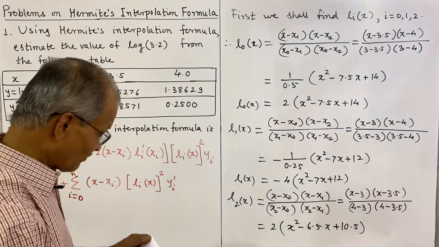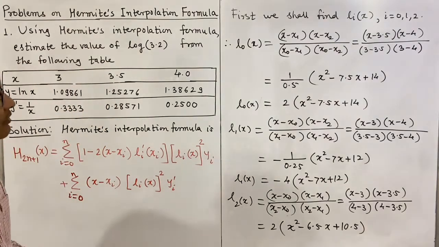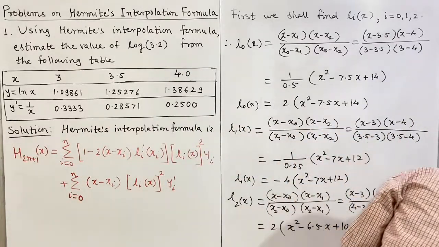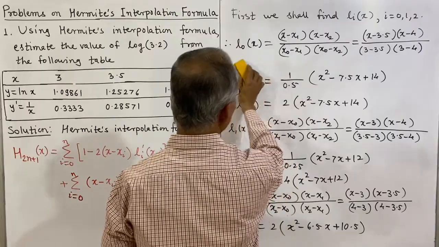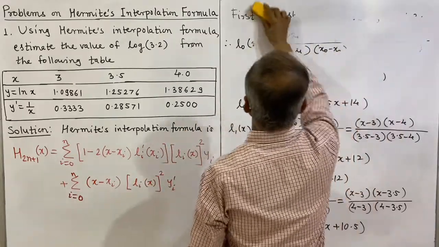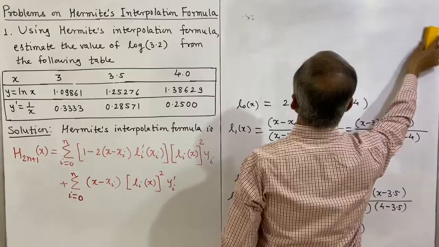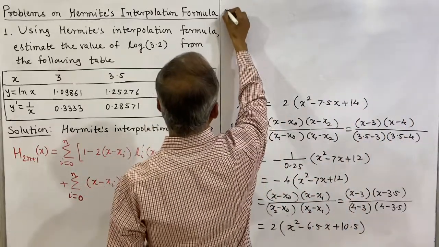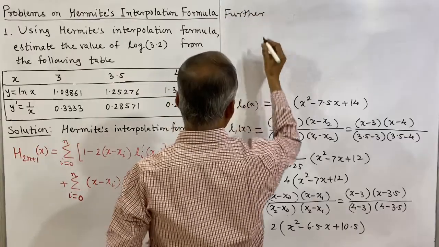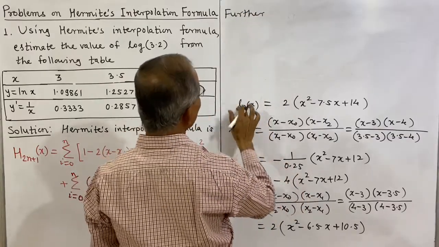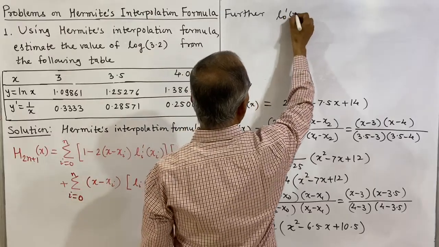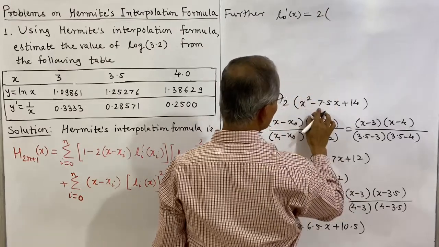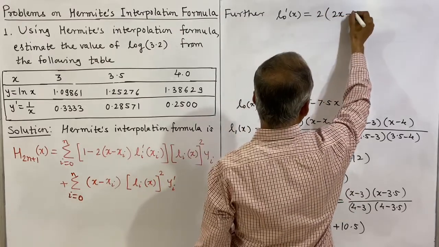Now after that we have to find out their derivatives. So we shall now obtain the derivatives of these polynomials. So this is L0 x, and further, the derivative of this, that is L0 dash of x. So it is 2 into bracket, this is 2x, the derivative of x square is 2x minus 7.5.